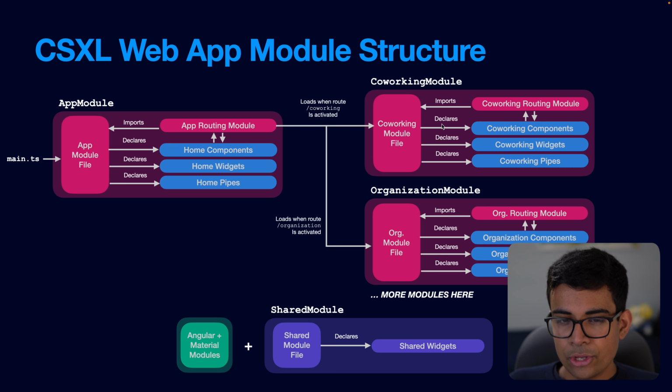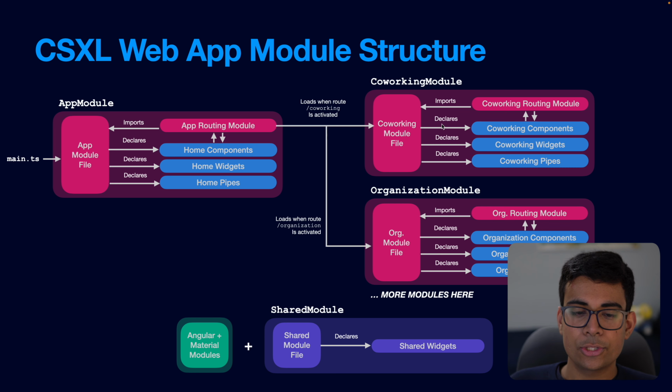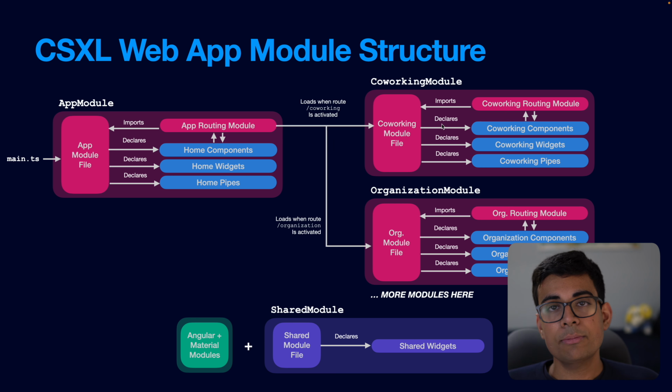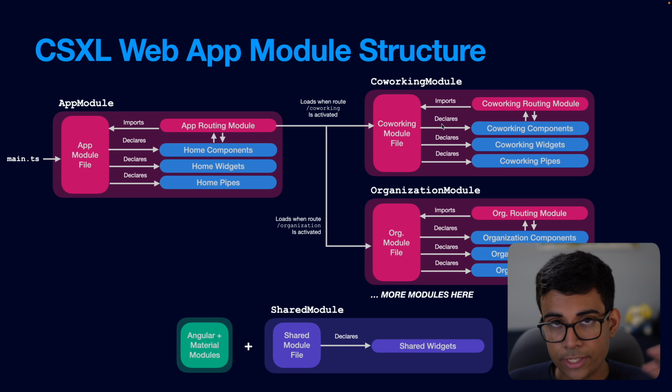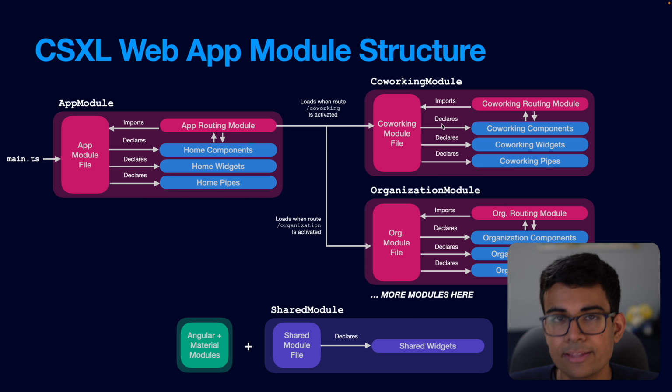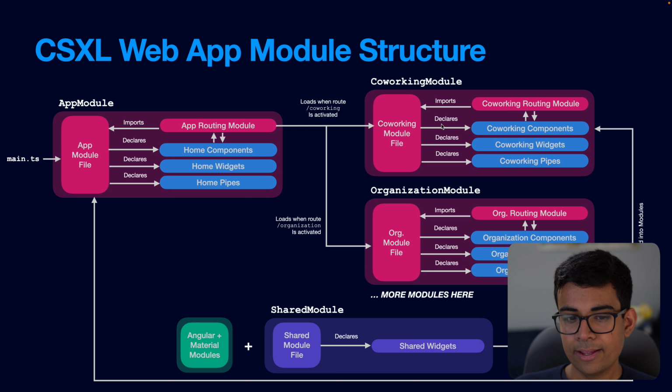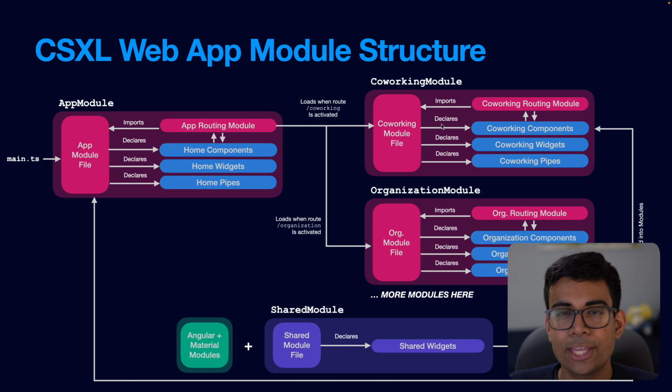So instead, we can create a third module out here called the shared module, which basically just contains the modules that should be shared between different modules. It contains the shared widgets that are to be shared amongst all the modules. And then from there, we can just import that shared module when needed, right? If you think about it, it's almost like services with Angular, where you just inject them into components that you need.